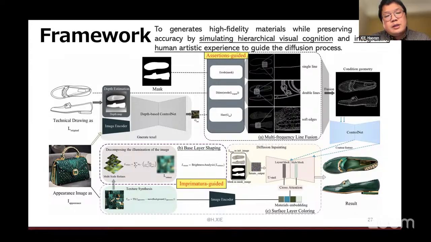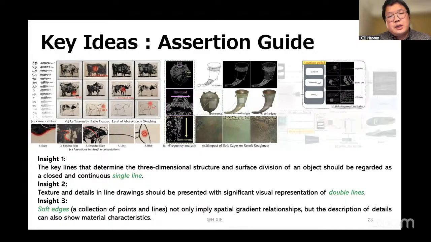We divide the input into different features: the double edge, single edge, and soft edge. For the reference image, as we said before, we add a decomposition of the illumination effect. In this sense we get disentangled features and can generate better. Basically we get insight from the drawing process, so we can get the features of different edges from the drawing.